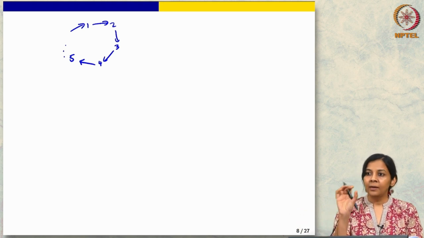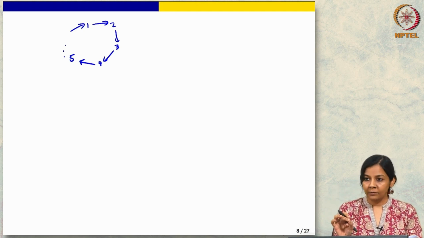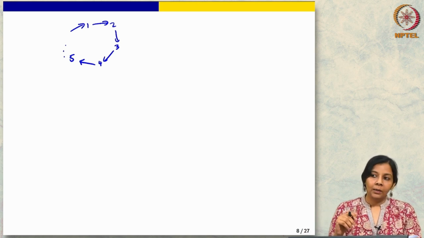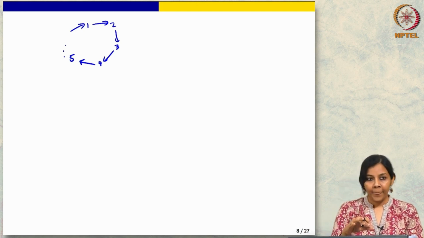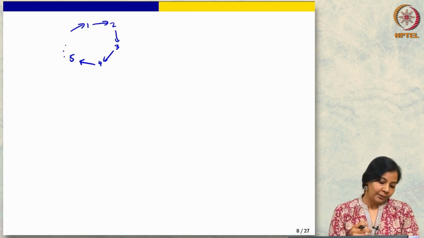If I just take 1 to 2, 2 to 3 and so on, that's something I can do. Another thing I can do is reflection. Okay. So that would be another way to take the graph back to itself.